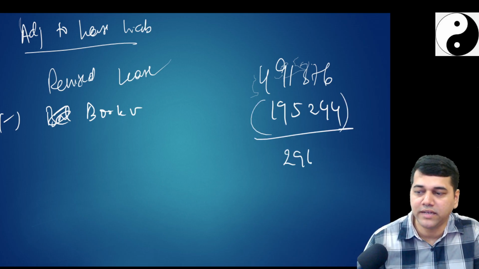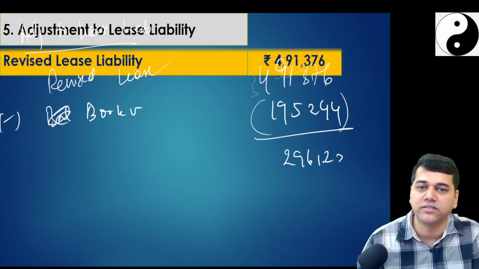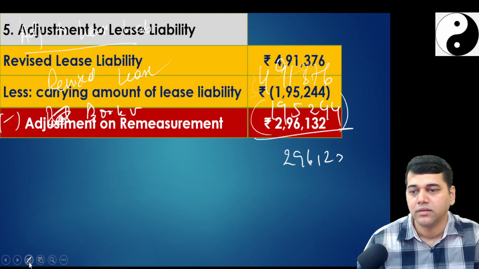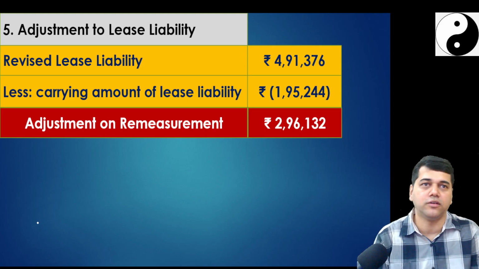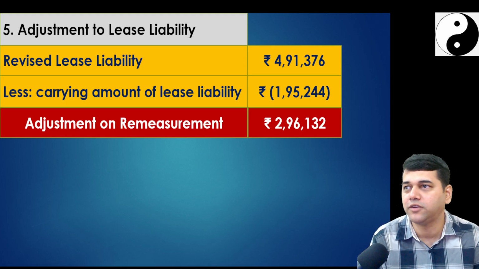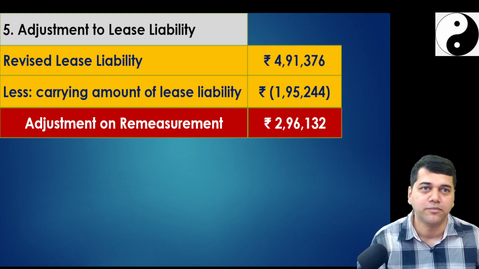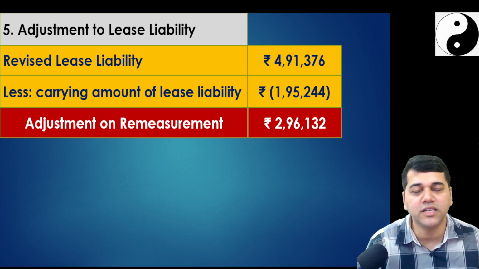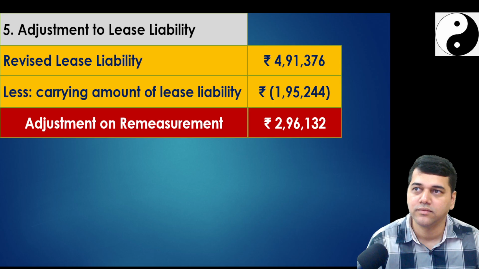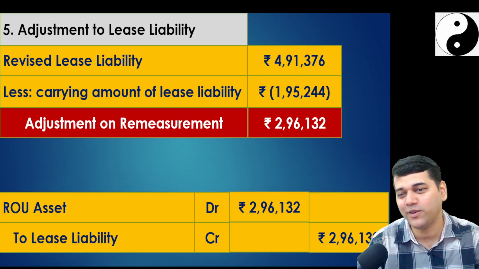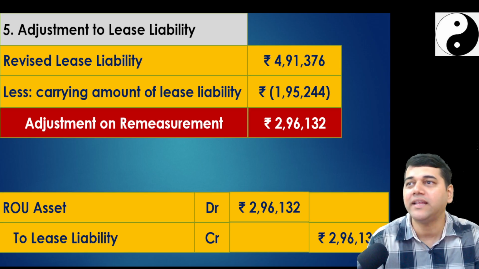So 2,96,132 is the increase happening now. Okay, full last one, give one third and close this, prepare the dish. What journal entry do I need to pass? Lease liability, credit to ROU liability. No P&L.